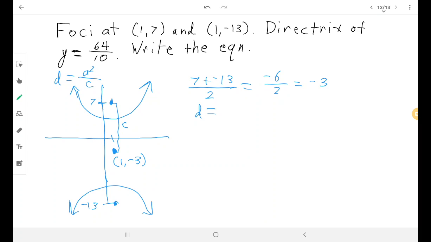Let me draw the directrix lines. 64 over 10, let's see, what would that be? 64 divided by 10 is 6.4, right? So somewhere at 6.4, which means I drew that wrong. But anyways, it's always outside of the foci, so they're going to be pretty close. They're going to look something like that.